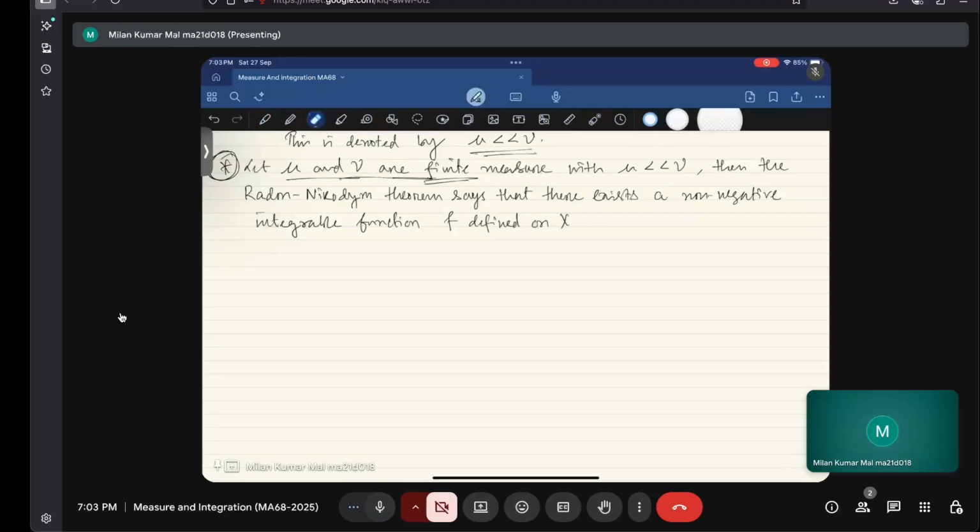So f is an integrable function with respect to nu.